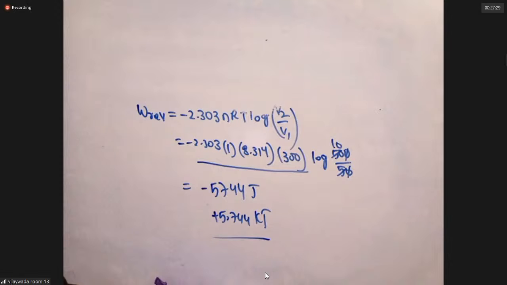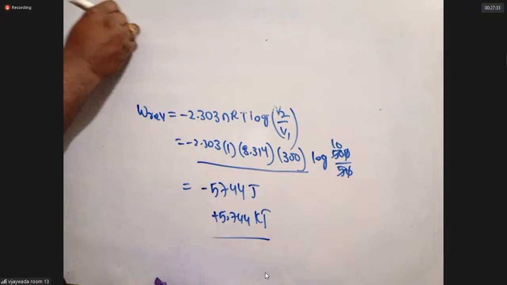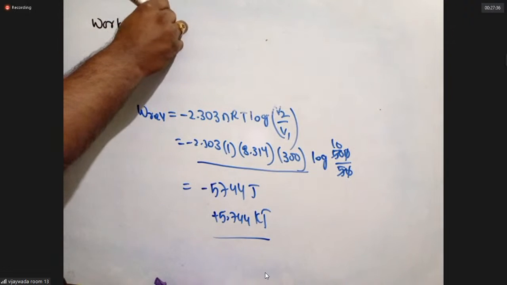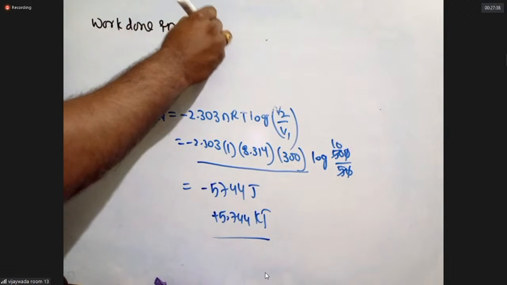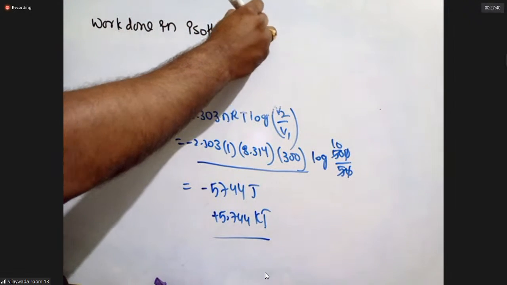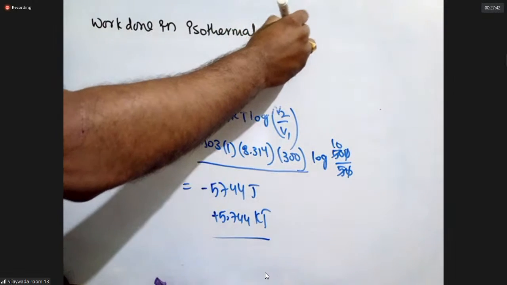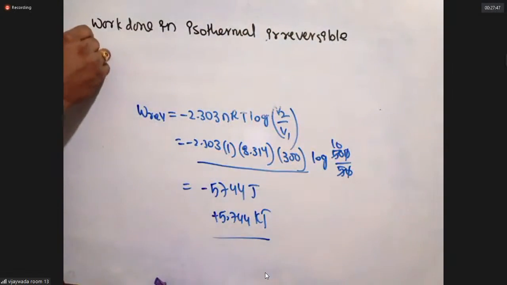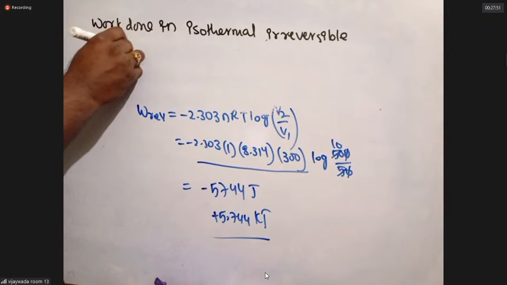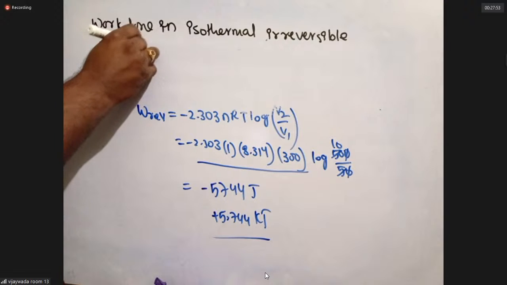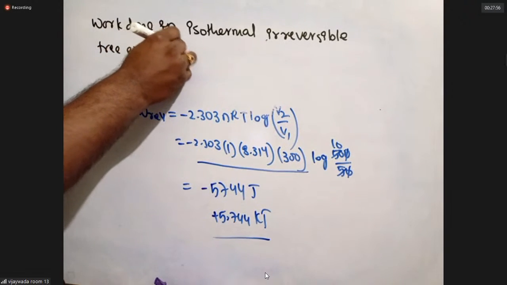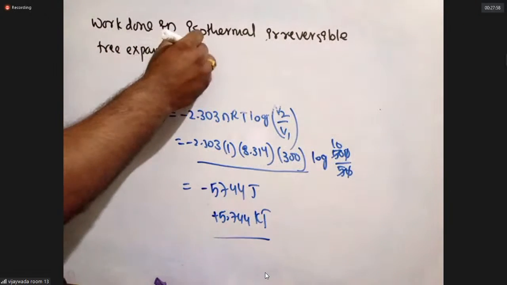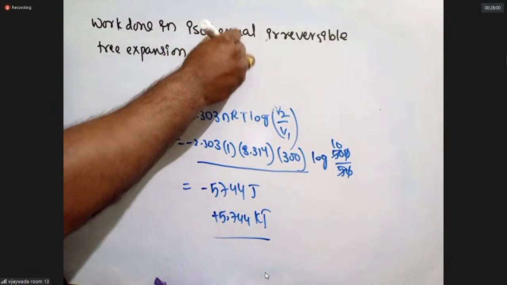Next, case 2 is work done in an isothermal irreversible process, irreversible free expansion, or expansion into vacuum.